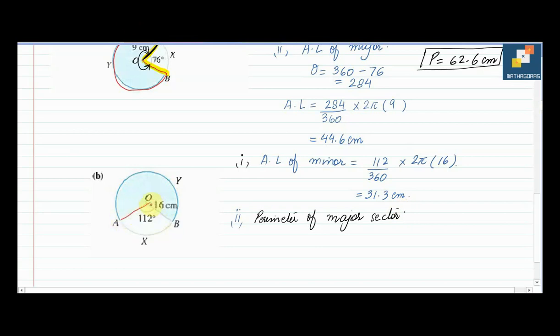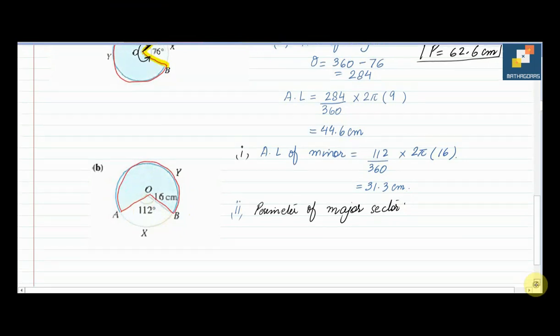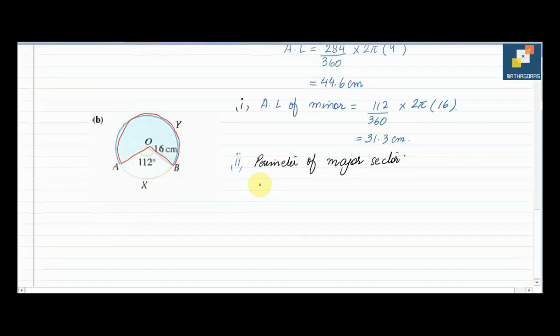This one, and this arc length, right? We cannot find it until we have the value of theta. So theta of the major sector is 360 minus 112. If you solve it, it's 248 degrees.